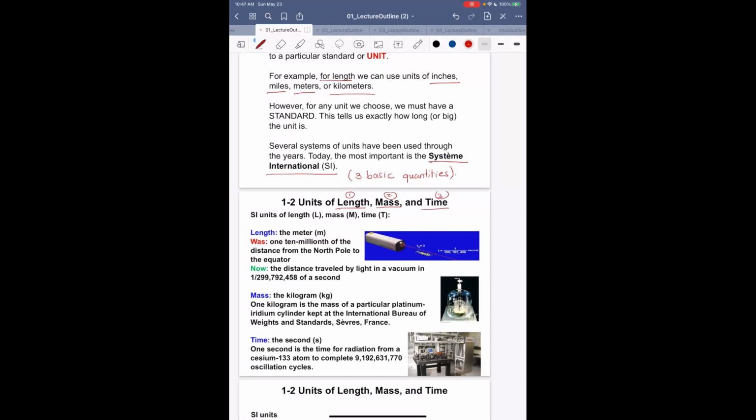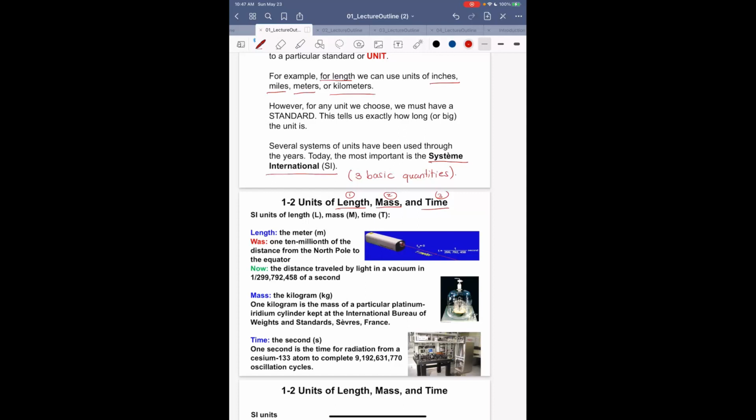Okay, and for length, we use the meter, and it was originally measured as 1/10,000,000th of the distance from the North Pole to the equator. Actually, it's not only that; there was a history of changing these. Now, it is measured by the distance traveled by light in a vacuum in 1/(speed of light) of a second.